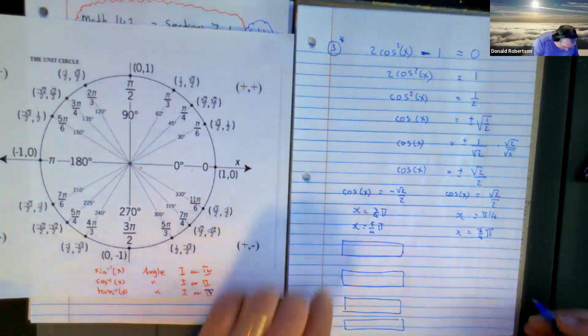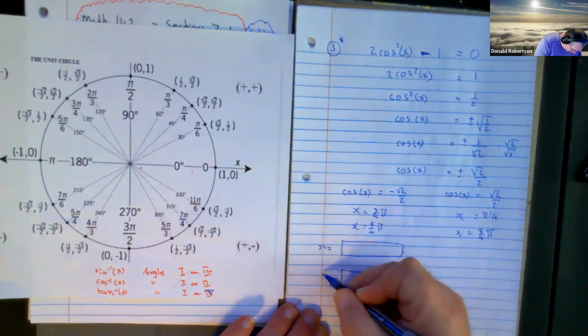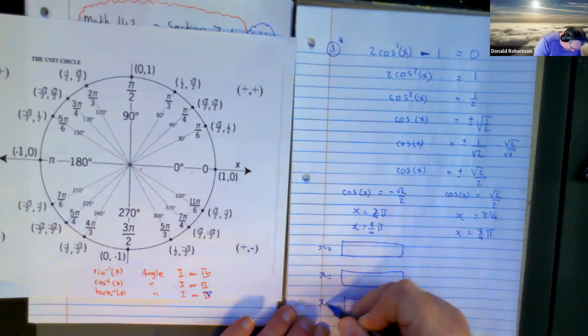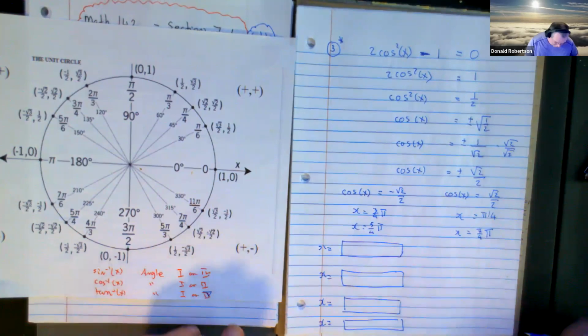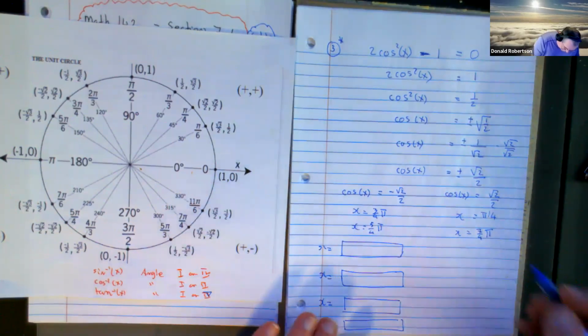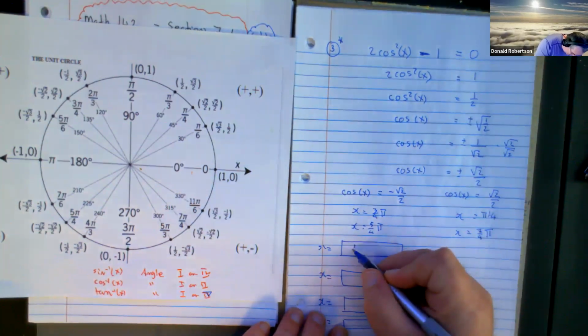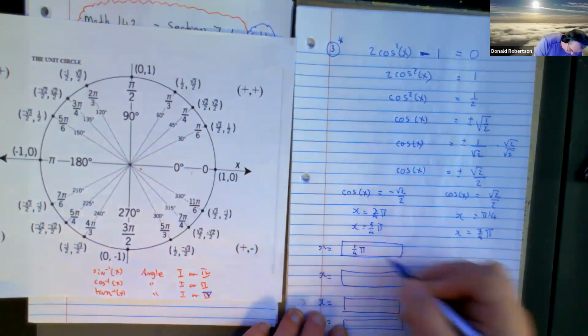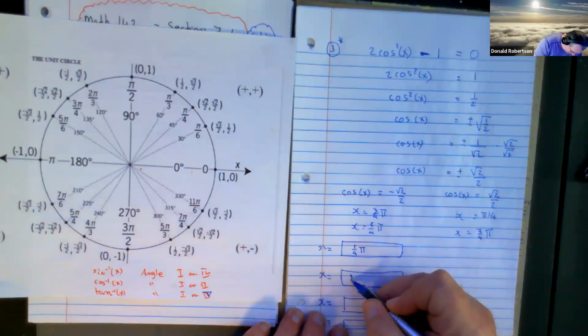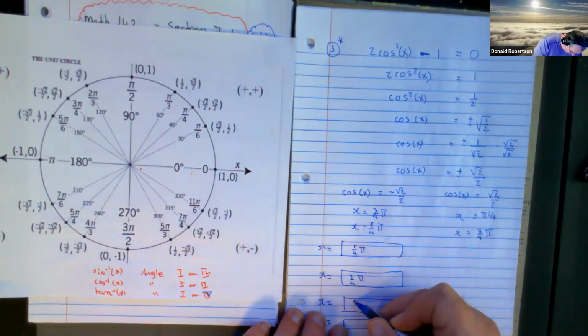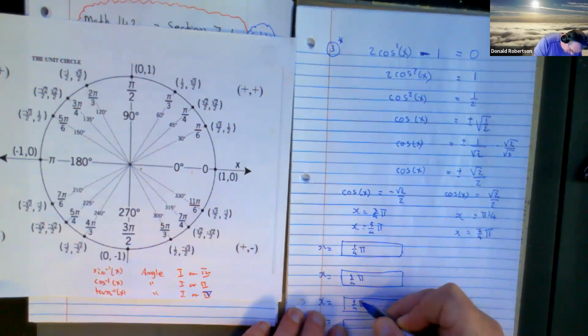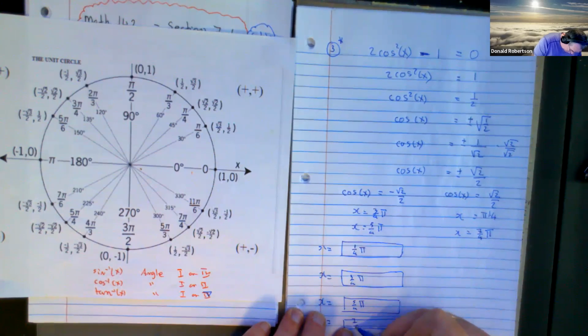And the 4 answers that we're meant to write down in these boxes, because WebAssign is not too bright, they want you to do it from smallest to biggest. So I'll take that guy. That's 1/4 π. Then the next one after that is 3/4 π. Then the next one after that is 5/4 π. And the last one is 7/4 π.